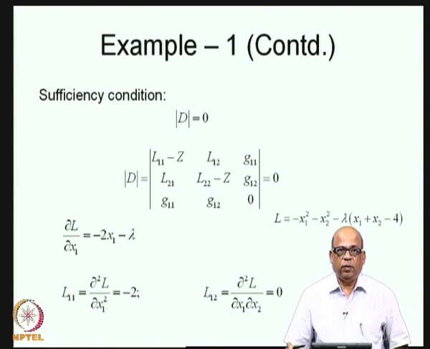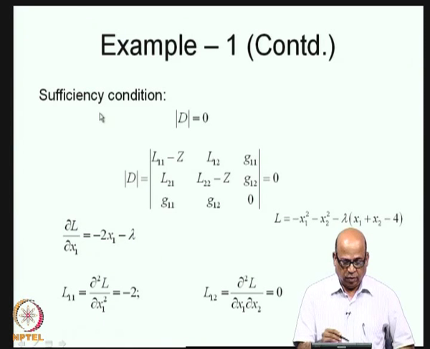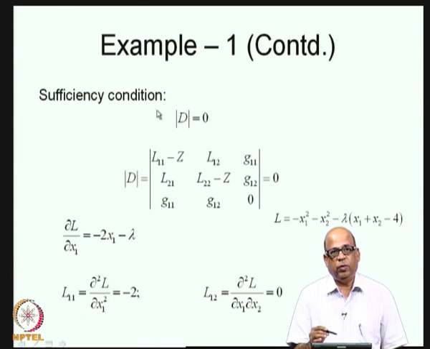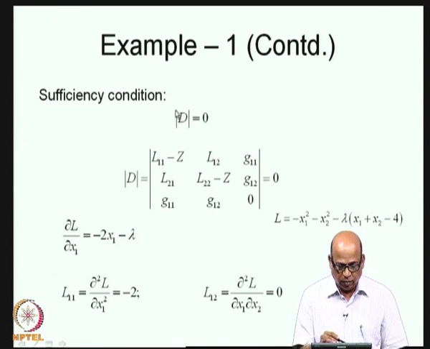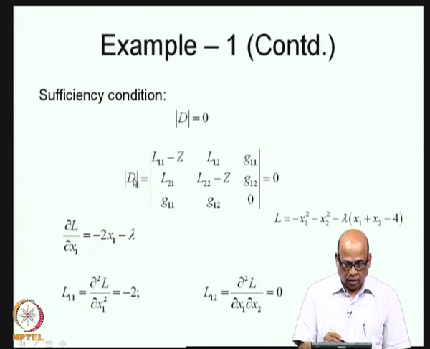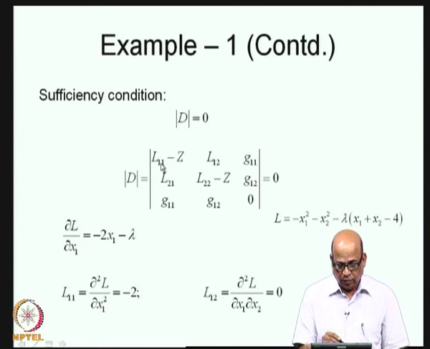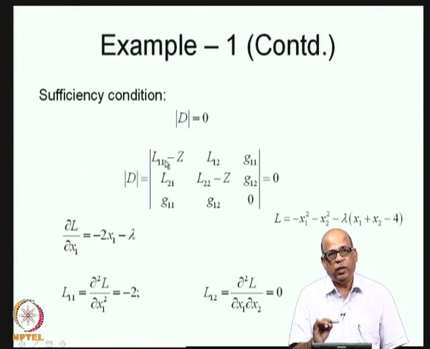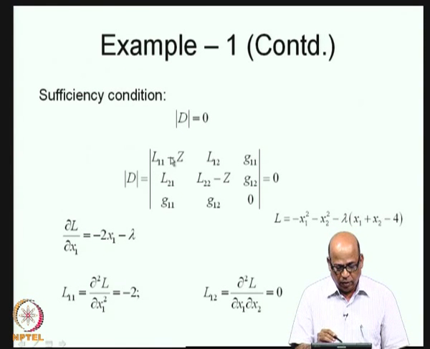We then go to the sufficiency condition, for which we need to formulate the determinant D. Now, the determinant D is in this particular case L11, there are two variables and one constraint. So, L11, L12, L21, L22. This is a second order derivative of the Lagrange function with respect to the first variable, that is d square L by d x1 square.